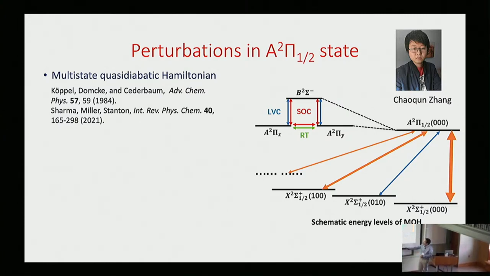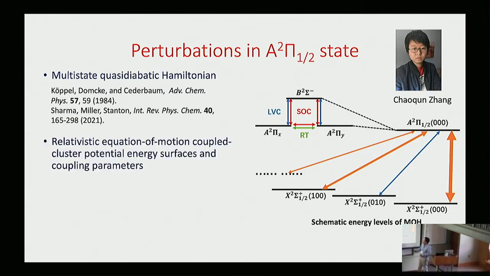And John Stanton has been using this Hamiltonian with very highly accurate parameterization for quantitative calculations of molecular spectroscopy. This is a very nice review that John recently wrote with Terry Miller and his postdoc, and I would highly recommend this. And for the parameterization of the Hamiltonian, we use the equation-of-motion coupled cluster theory that you heard about in the morning.